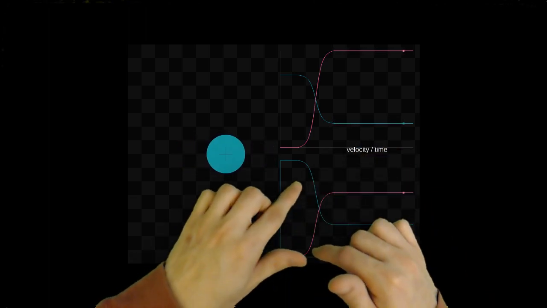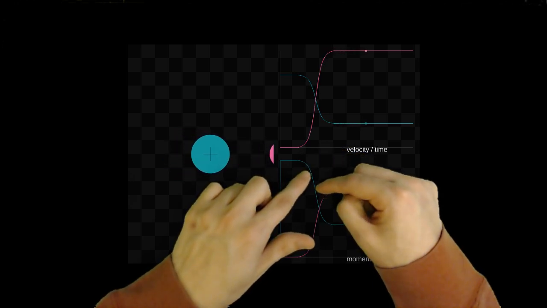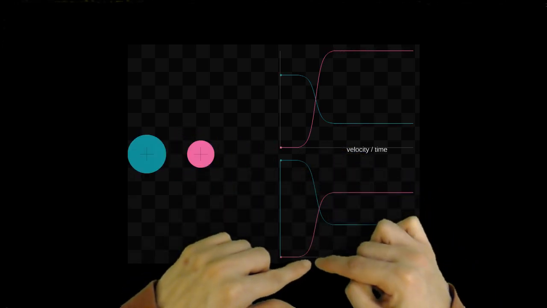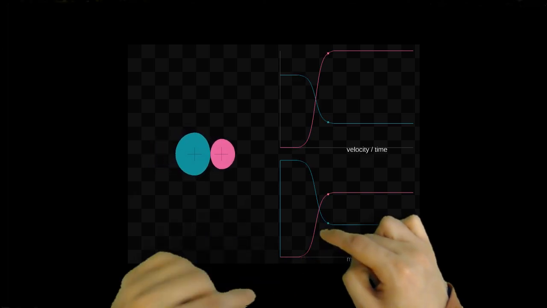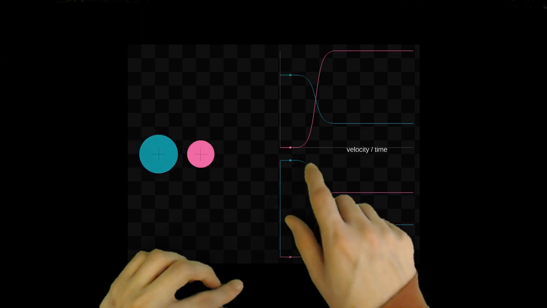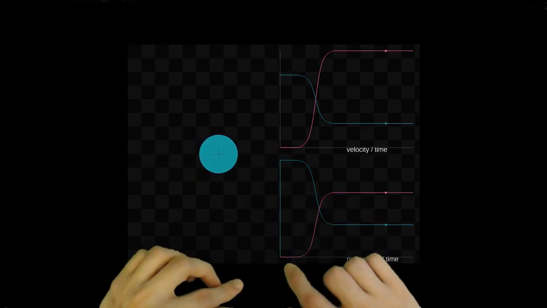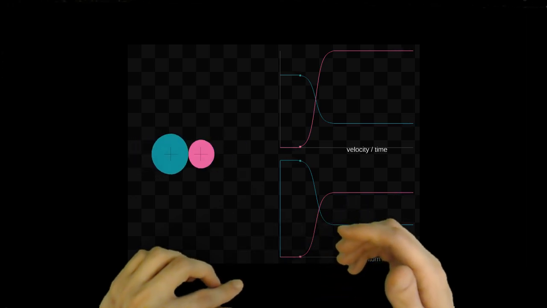And if in the next time step it decreases by like 10, then for the red object it must increase by 10. And so over the course of 2 time steps, it will decrease for the blue object by 18 and increase for the red object by 18.